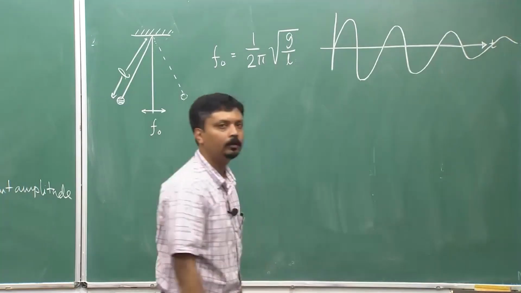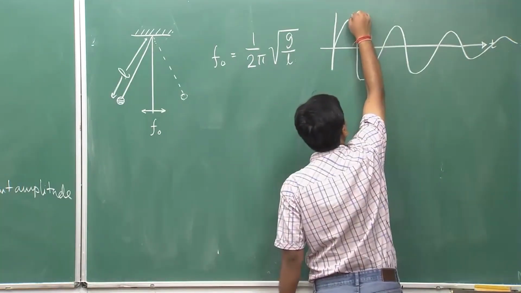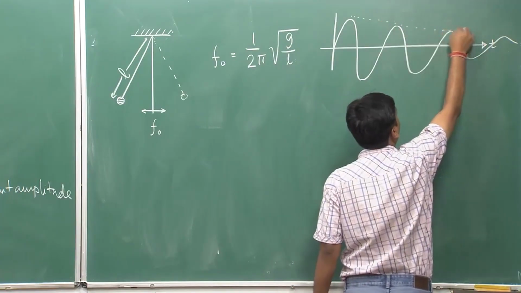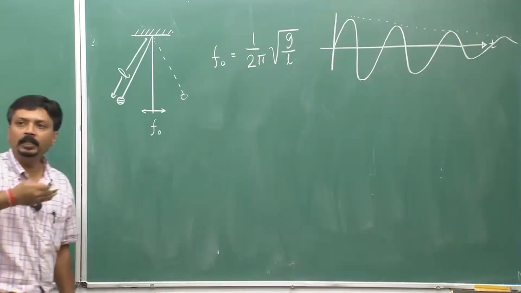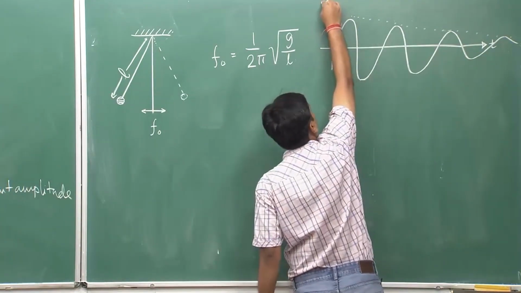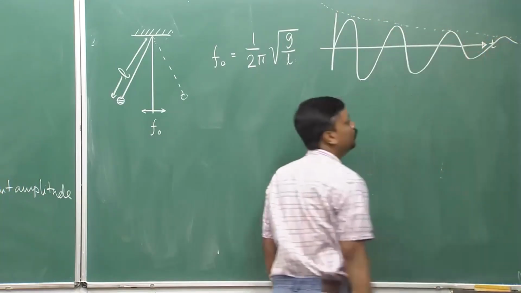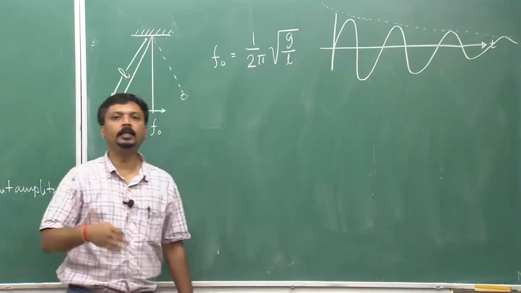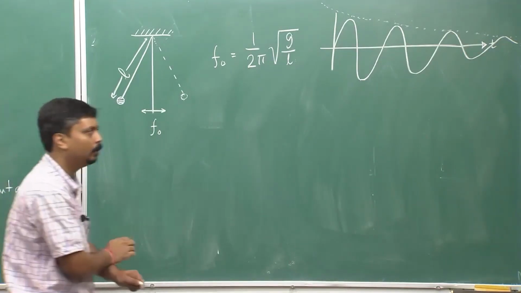If we add these tips, we will see an exponential decay. If you keep looking further, you will see it is an exponential decay which scales as e to the power minus t by tau, where tau is the period.